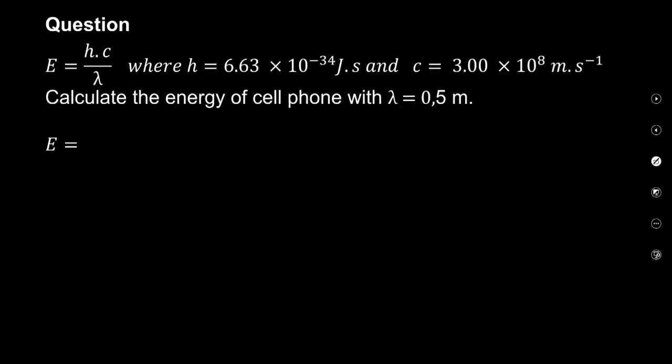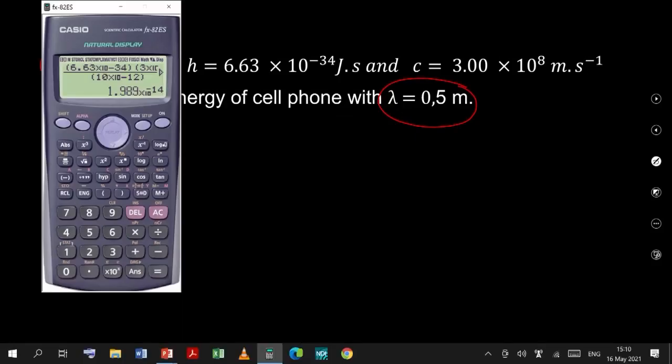We're using the same formula again because we do not have the frequency of the cell phone electromagnetic radiation for this particular question. Again, we only have its wavelength. So, just as before, we need to make use of our calculator. Clear the last sum, but the formula is still the same.